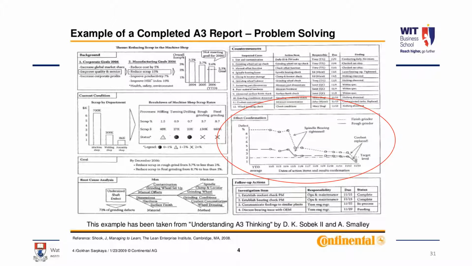And again, this seems to indicate that the countermeasure here is working, because that was our overall goal, to get that scrap percentage down below 2%. You can see by the trend lines that it has been steadily improving over the course of the implementation, and in particular where certain aspects of countermeasures have been implemented, you can see there are significant reductions.